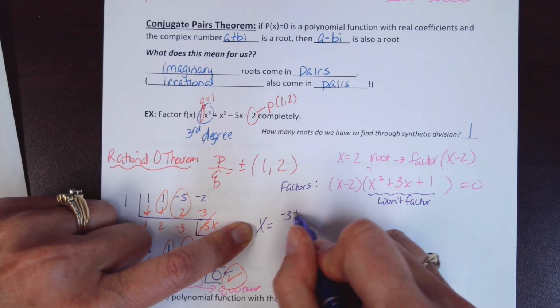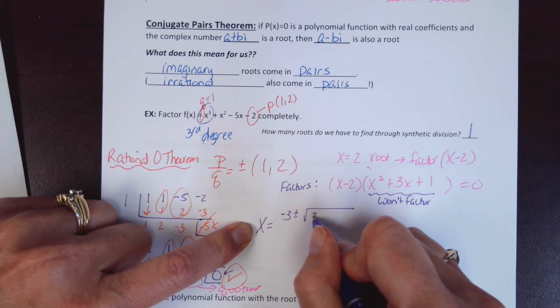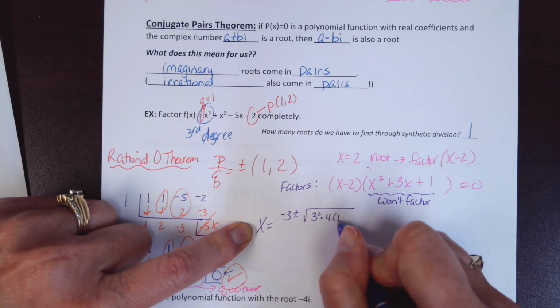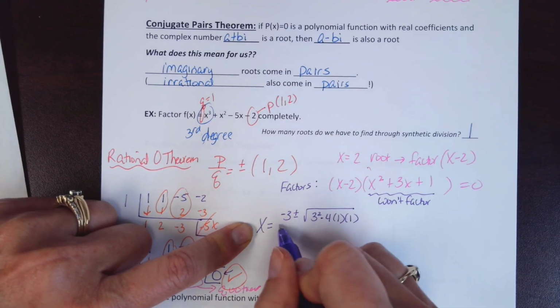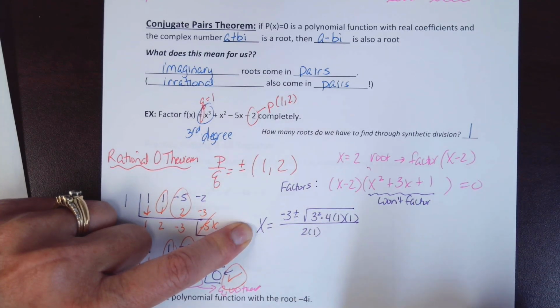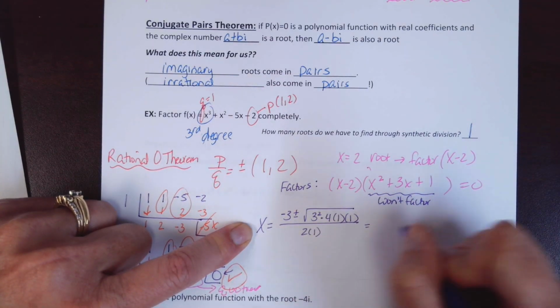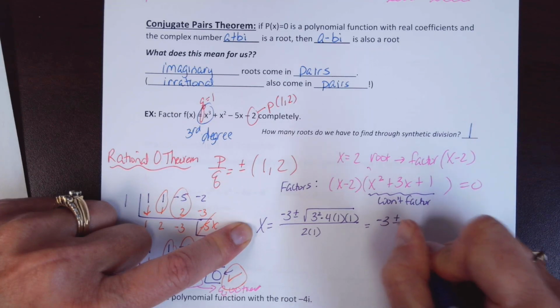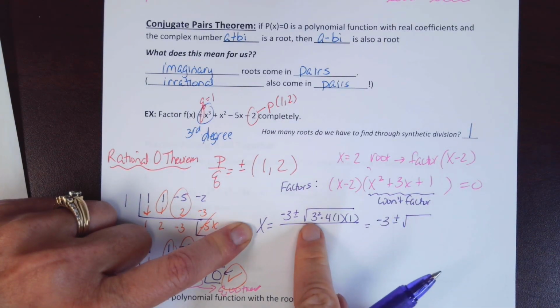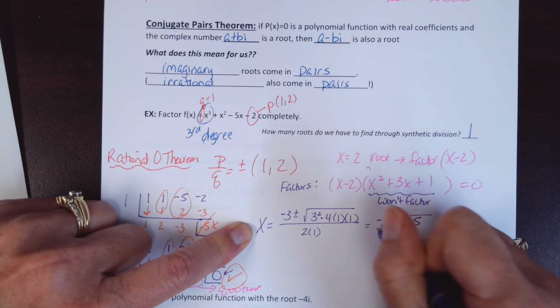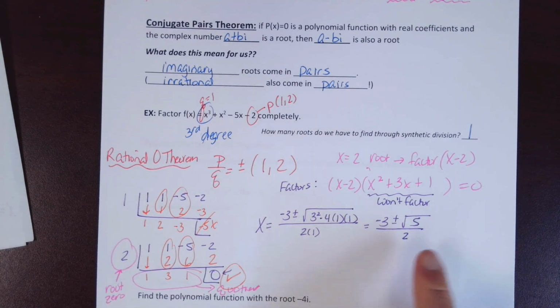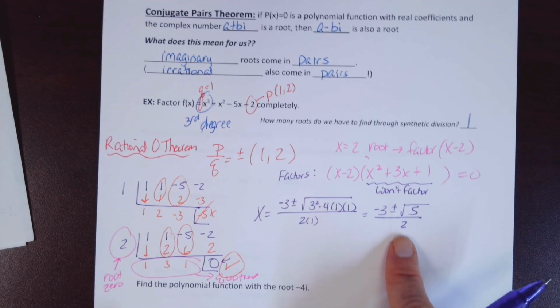Negative b plus or minus square root b squared minus 4 times a times c all over 2a. Simplifying, we've got negative 3 plus or minus square root of 9 minus 4 is 5, over 2, and there is nothing else I can do with this.